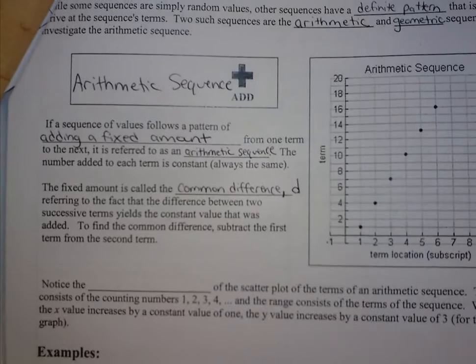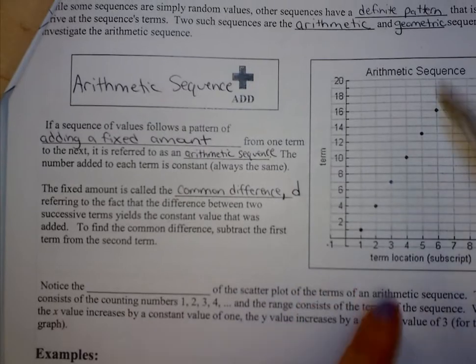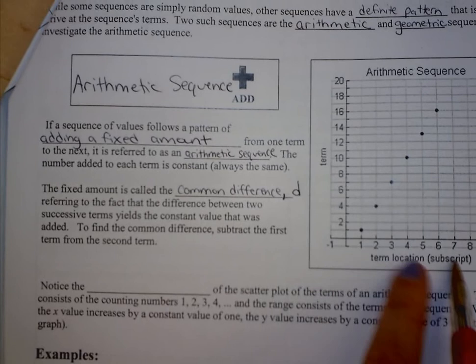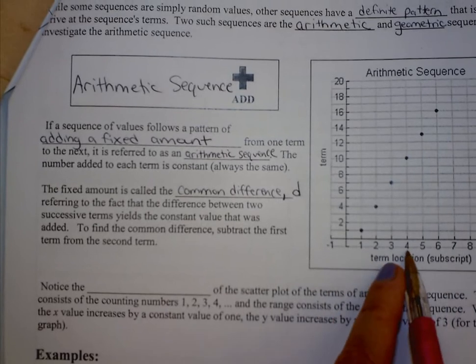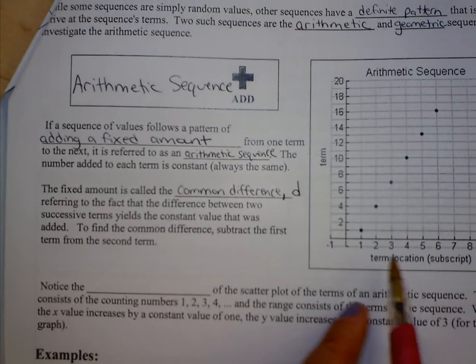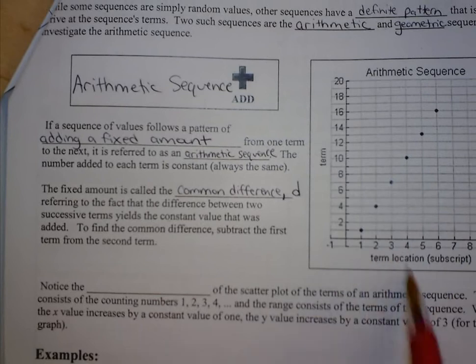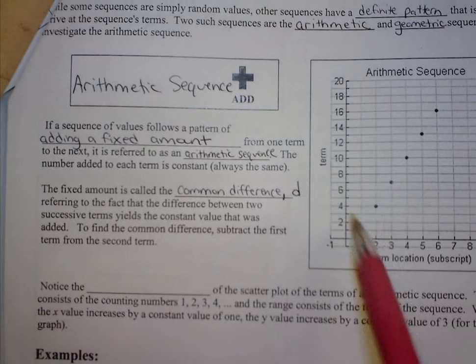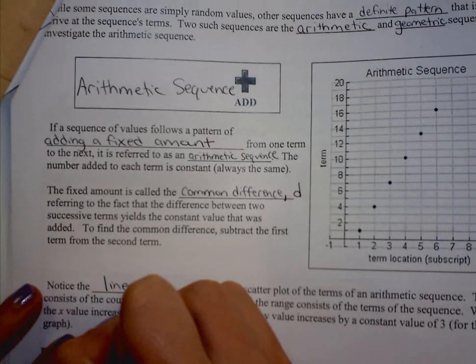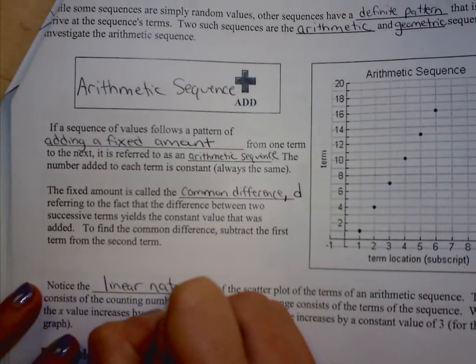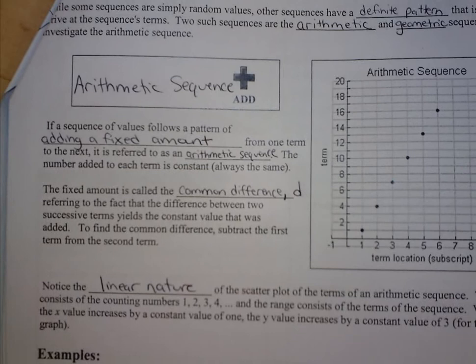And here, if we're looking at an arithmetic sequence, my x-axis is the term, or the subscript, so first term, second term, third term, fourth term, fifth term, sixth term, etc. And then the term location versus the actual term, we're going to have a linear relationship. So notice the linear nature of the scatter plot of the terms of an arithmetic sequence.